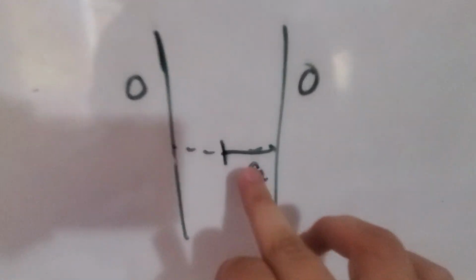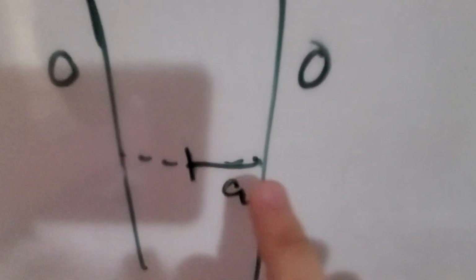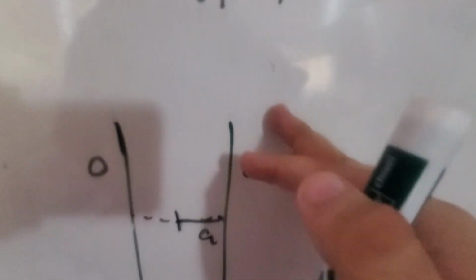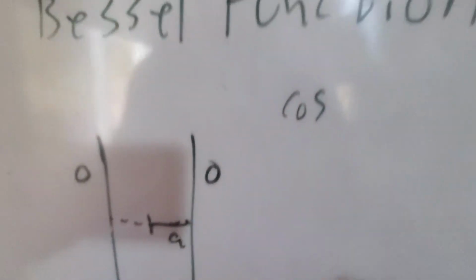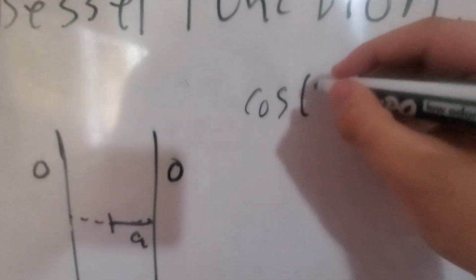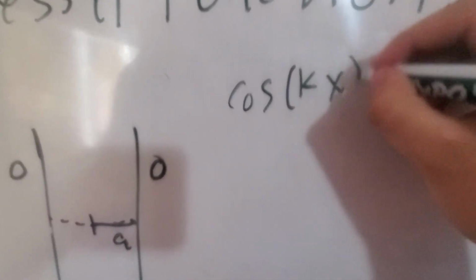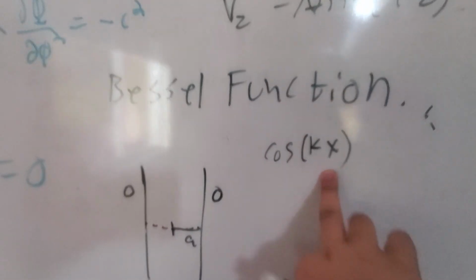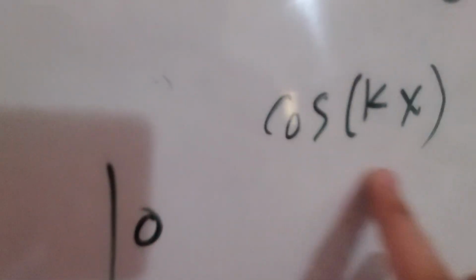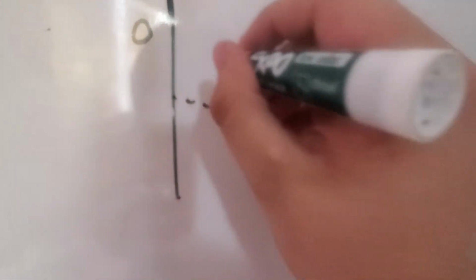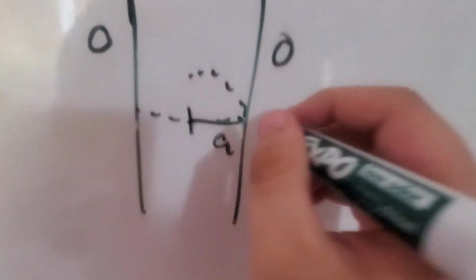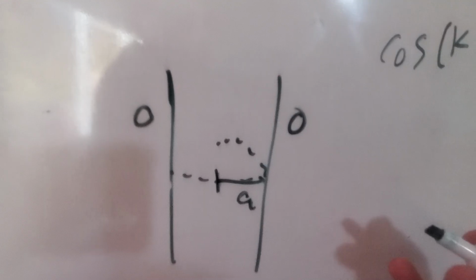When x equals a, our potential is 0. So we may remember something along the lines of, well, our answers could be something like a cosine times some constant x, where when x is a, this is 0. In order to achieve that, we want to make it so that our cosines work in halves.